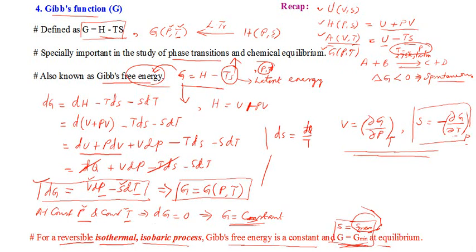So exactly opposite behavior, and that opposite behavior has been represented by this negative sign here. When one increases, the other will appear as a decrease. So when G is tending to its minimum value, S will be tending to its maximum value. This difference in their trend has been represented by this negative sign.